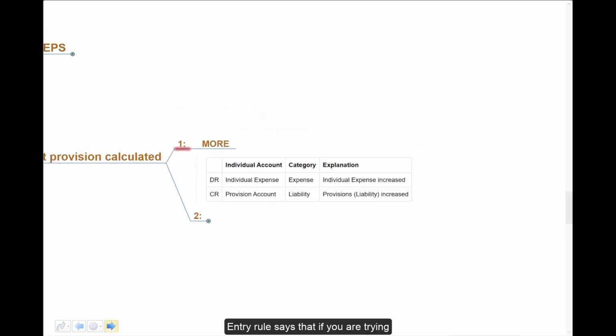Our double entry rule says that if I am trying to increase a provision, because remember it's more, I am trying to increase a liability, I credit the liability or credit the provision, and I debit the expense. For argument's sake, let's just say that it's electricity, or it could be allowance for receivables. The journal entry is very, very clear. Increase the expense by debiting it, and increase the liability by crediting it. That's our double entry rule.